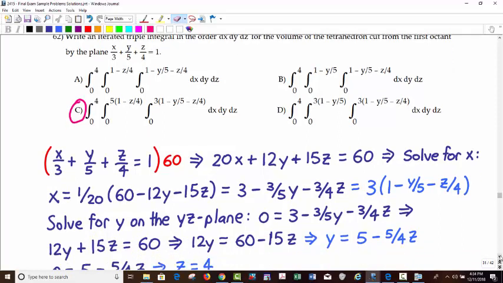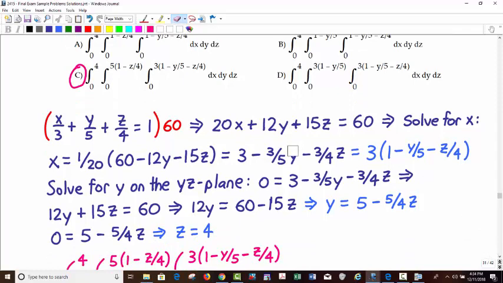So now to solve for the YZ plane for the outer two limits, X is gone, so you can take the equation and replace X with 0, and now look at it strictly in terms of Y and Z. Now, instead of going back to the original, I just went to this equation right here. Since X equals this, X will be 0.